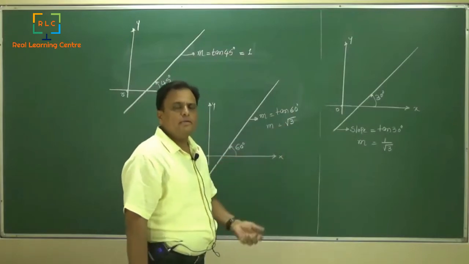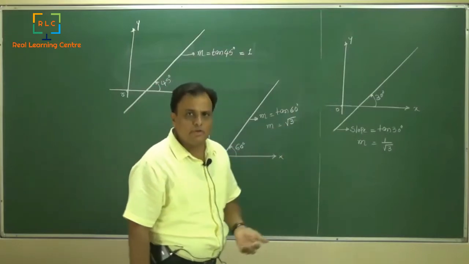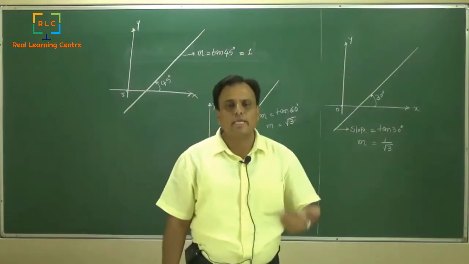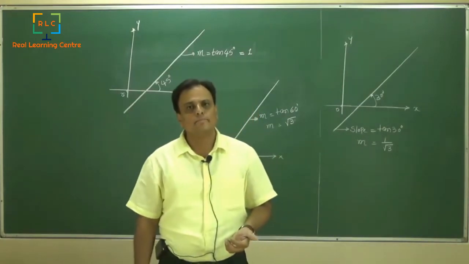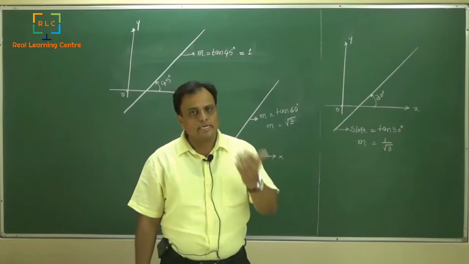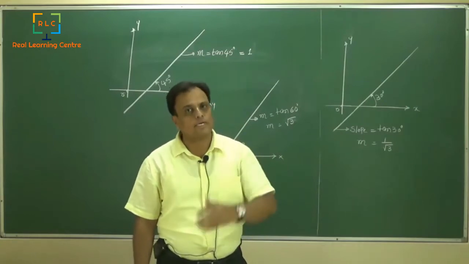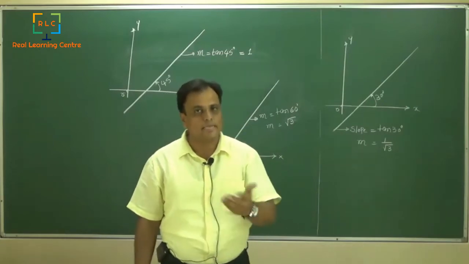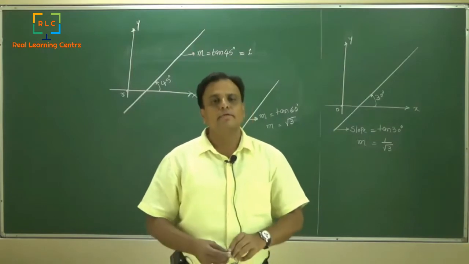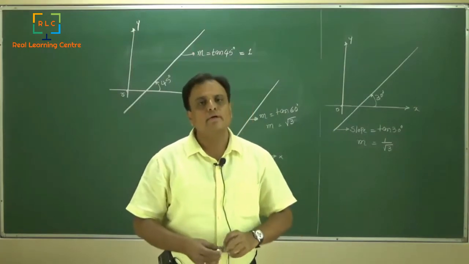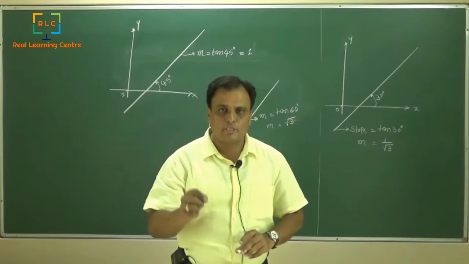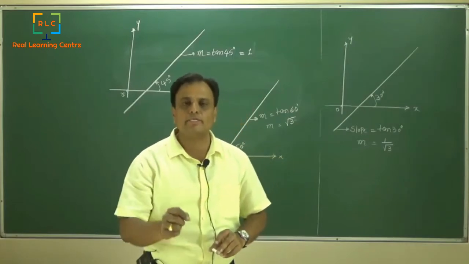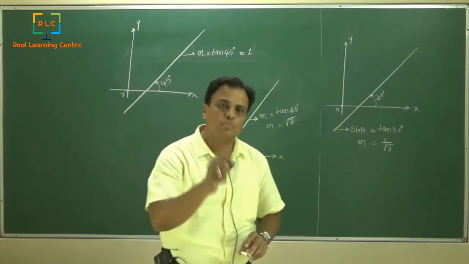Since the inclination can go up to 180 degrees, the inclination may also come in the second quadrant. We know that in the second quadrant tan is negative. Clearly, if the inclination is an acute angle, then the slope is positive.